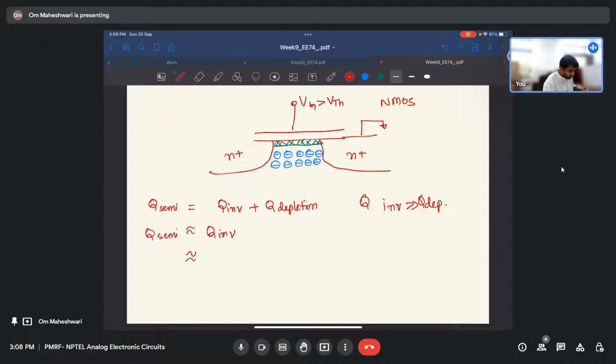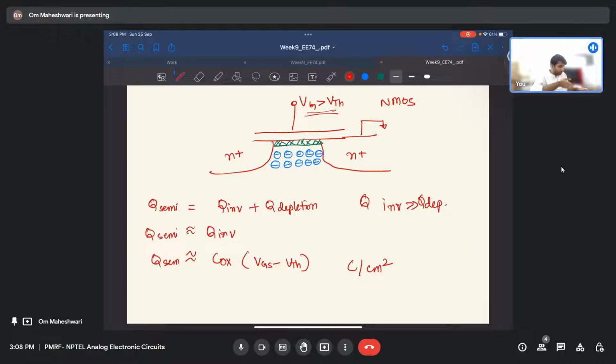And this will be equal to capacitance times this voltage, VGS minus VTH, right? And I'm writing it in coulomb per centimeter square.